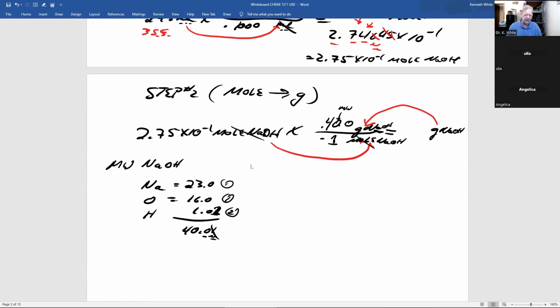Boy, this mole stuff is thirsty work. And now I'll pick up my calculator. 2.75 EE minus 1. Oops. Minus 1 times 40.0. And my calculator gives me this number. Well, hold on one second. Let me clear this and do it again.